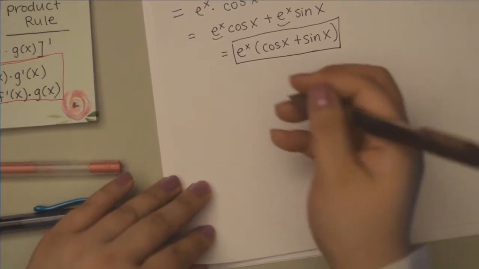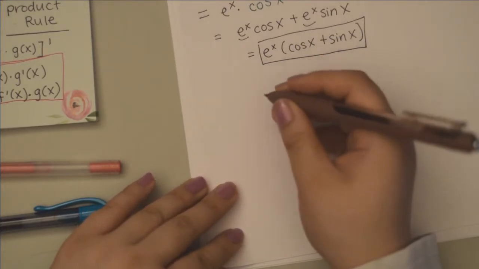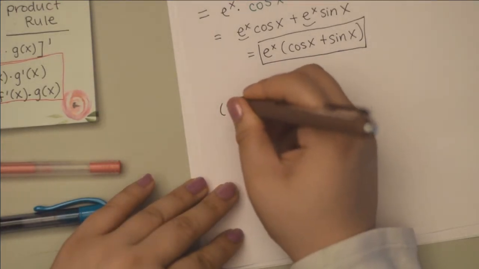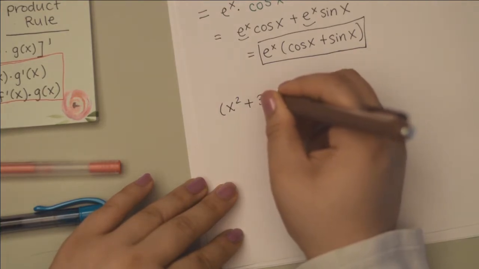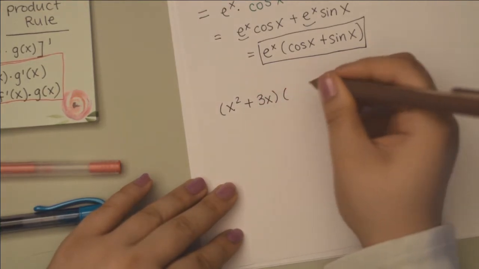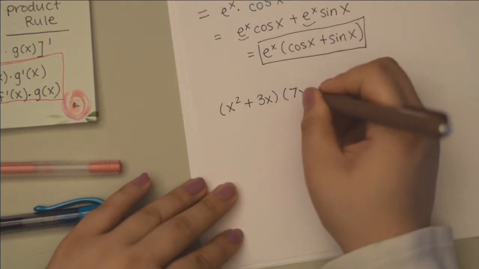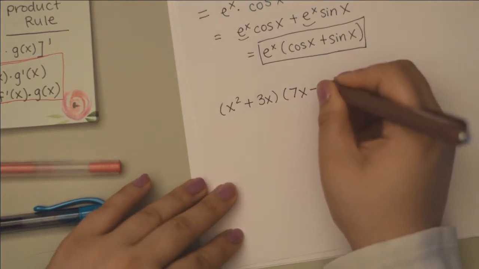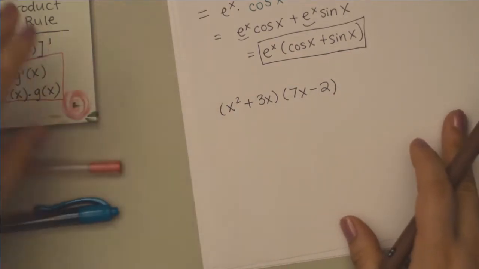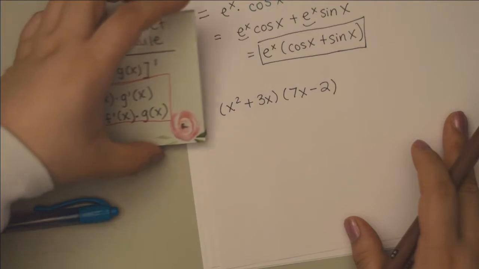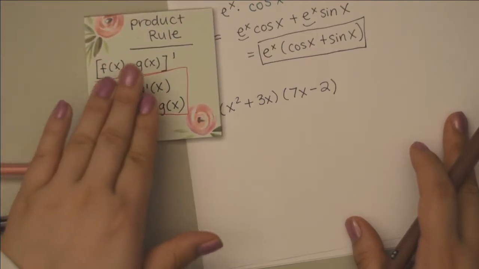Let's try x squared plus 3x, kind of trying to make one up, times 7x minus 2. Okay, so you might not have things written directly for you as f and g.